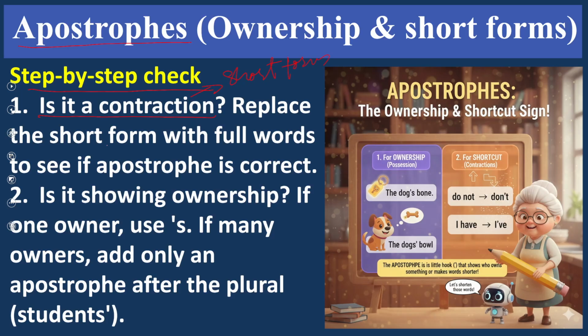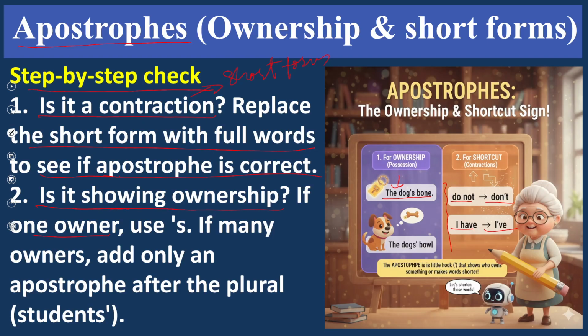Replace the short form with full words to see if the apostrophe is correct. Yes, we have to see. Now look at this example. The dog's bone, this is the ownership, and short forms, do not in don't, I have, these are short forms. Yes, is it showing ownership?